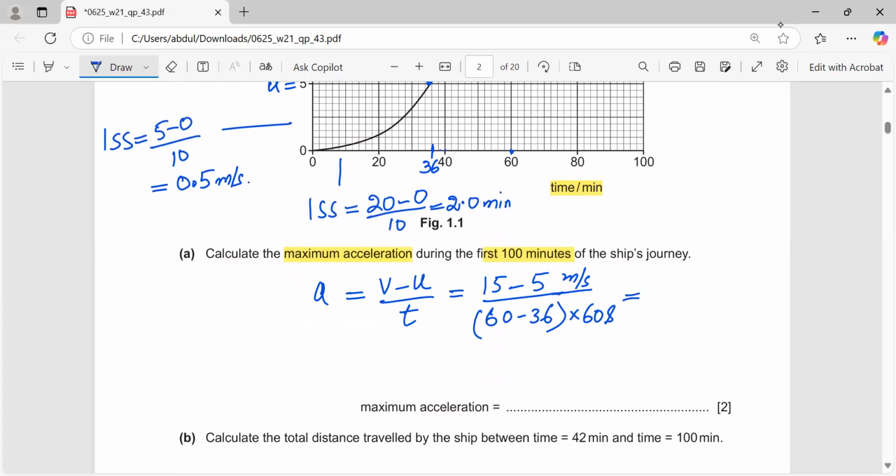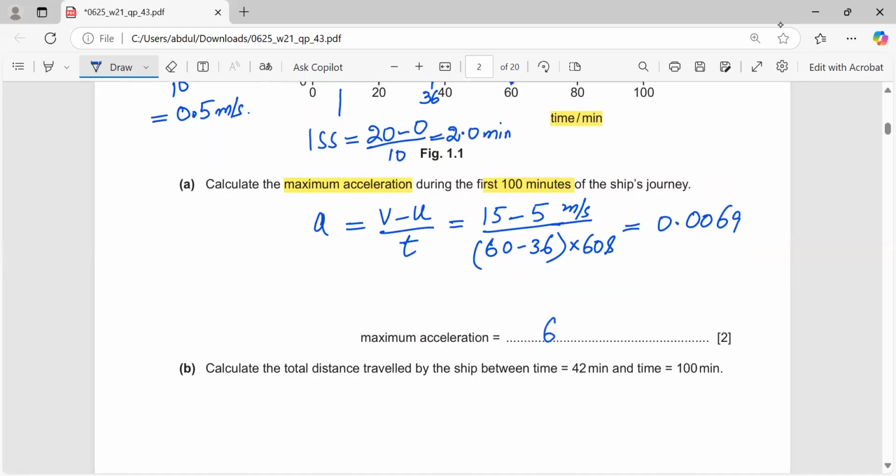And as I'm simplifying it, I will be writing the rounded-off answers. As I'm simplifying it, I'm getting the answer equal to 0.0069.